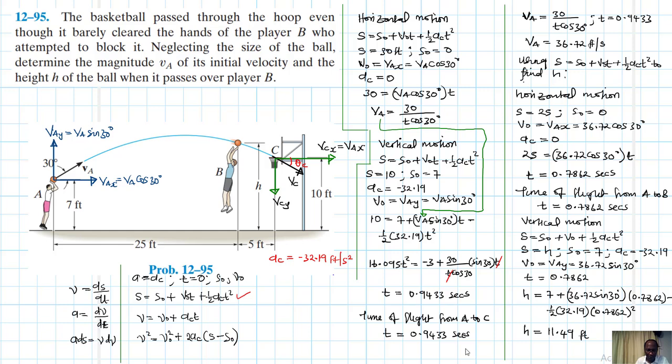So 7 plus 36.72 sine 30 times 0.7862 minus 0.5 by 32.19 by 0.7862 squared gives 11.49. I think you can find the angle theta C. You can check out these ones yourself. I think we are done with this particular problem.